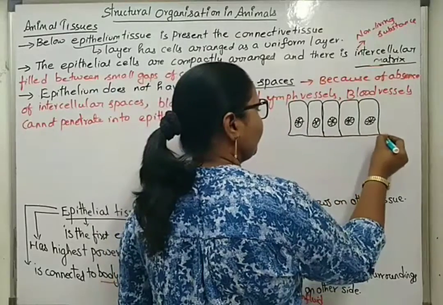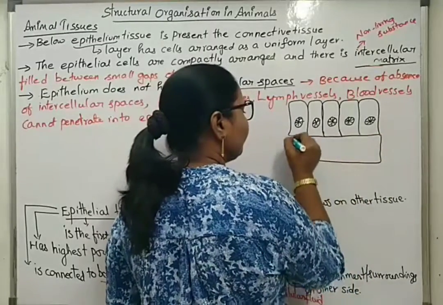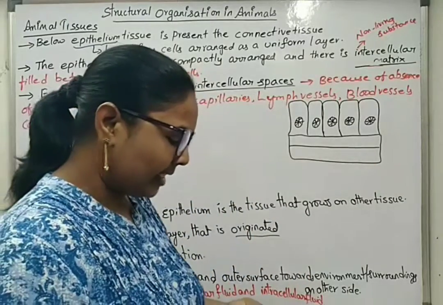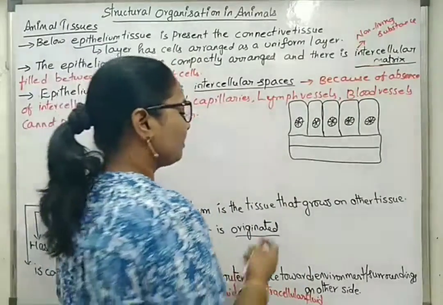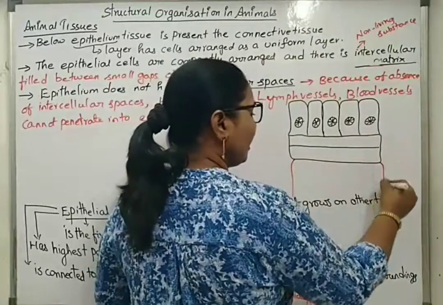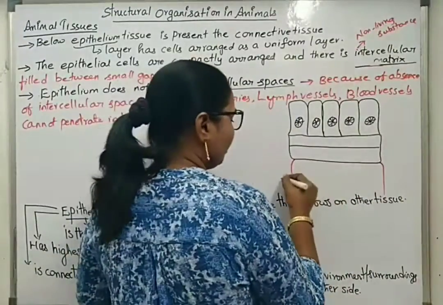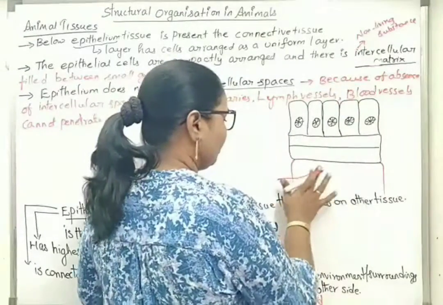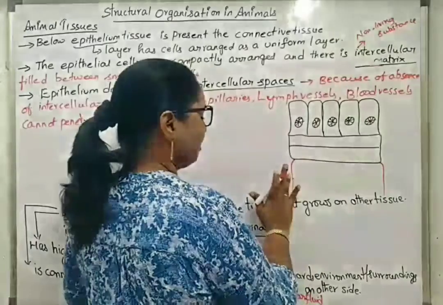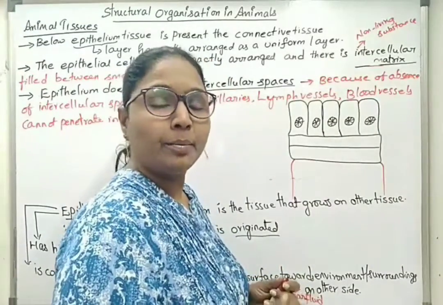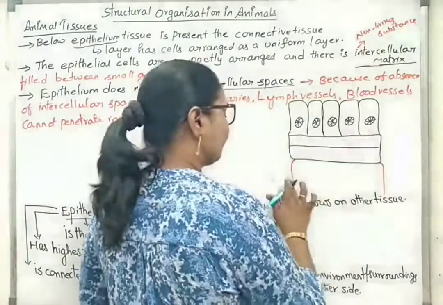Here is the basement membrane, which is divided into two different layers, the basal lamina and the fibrous lamina. And later, at the base, the connective tissue is present. How will epithelial tissues get nourishment? By the process of diffusion.